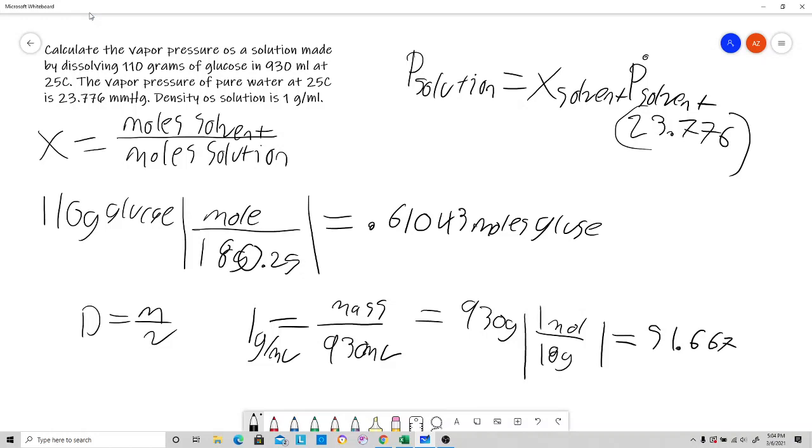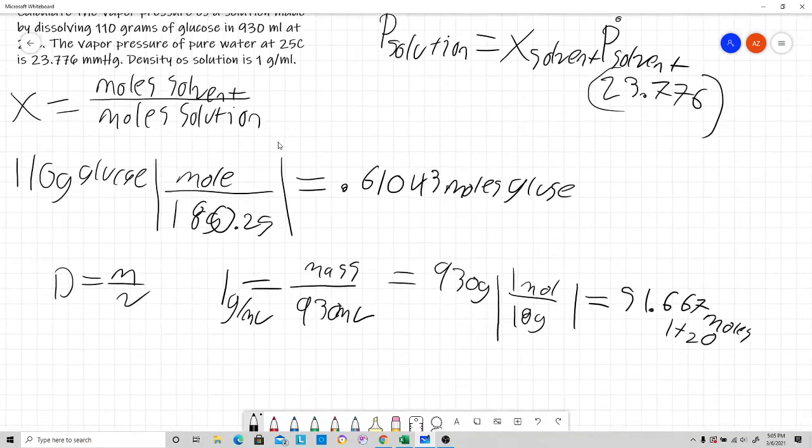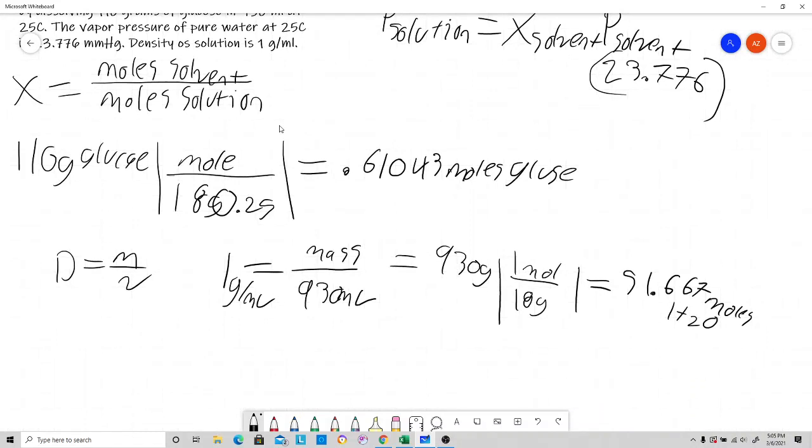Okay, so now we have all the components we need. Let me write the moles of H2O. So we have the moles of the solvent, which is 51.667.